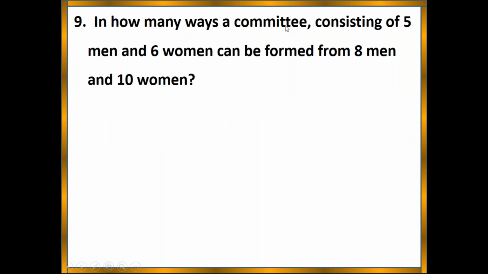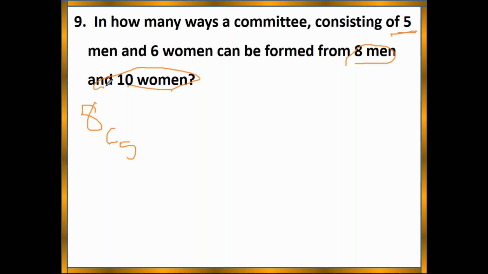So here 8 men are there initially. Out of 8 men, we have to select how many men? 5 men. In how many ways we have to select 5 men out of 8? 8C5. So there are 10 women.